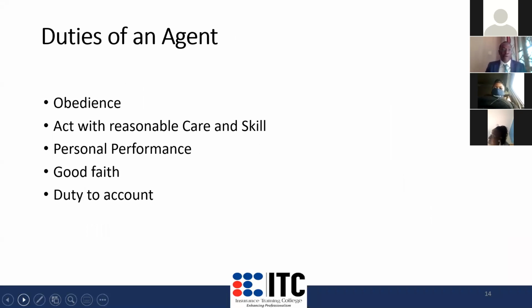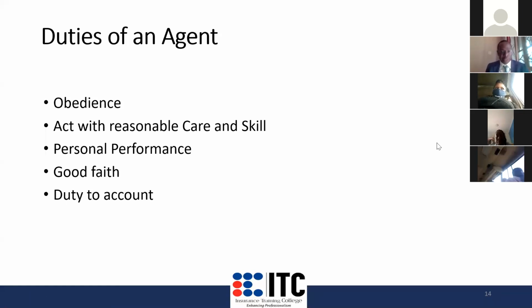So our second item, we're going to look at the duties of an agent. This is a very interesting thing in agency law. A lot of you go and start doing sales, meeting clients, but you don't know what your roles are.